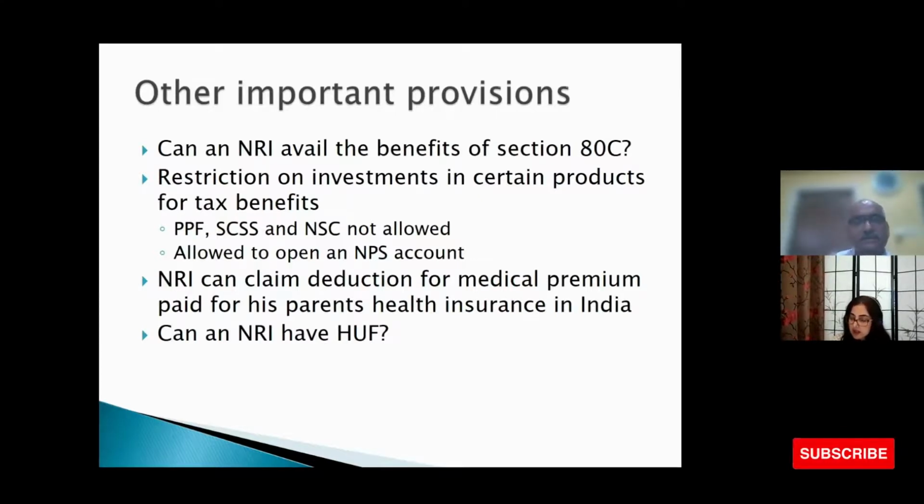But still, if you do not invest anywhere else, you can claim the benefit up to 2 lakh. You can invest any amount, even 2 crore, but the tax benefit will be restricted to 2 lakhs: 1,50,000 plus 50,000.